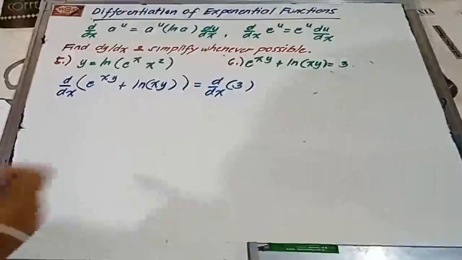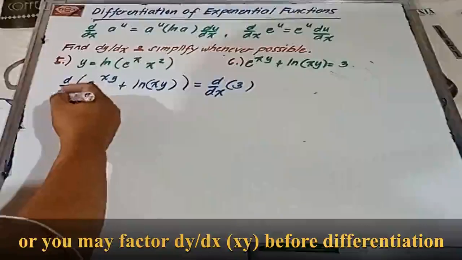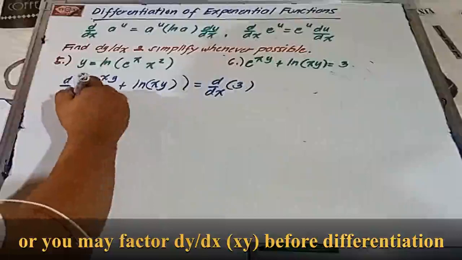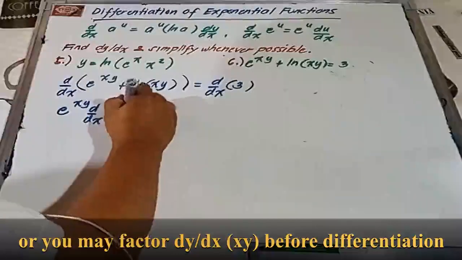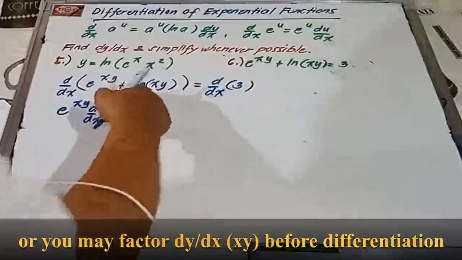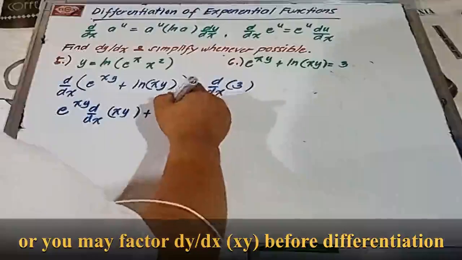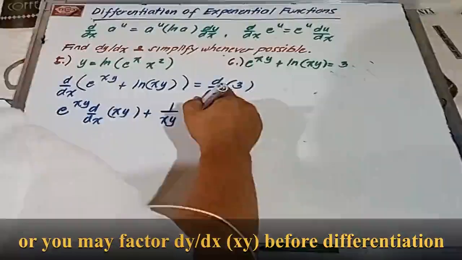So, we have, kopyahin lang yung formula, e to the u is xy. So, we have e to the xy times derivative ni xy. Okay? How about this one? So, gamit yung ating formula sa logarithmic function, this is equal to 1 over xy times derivative ni xy.